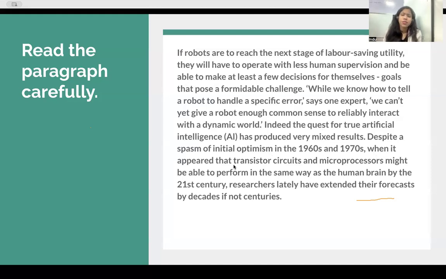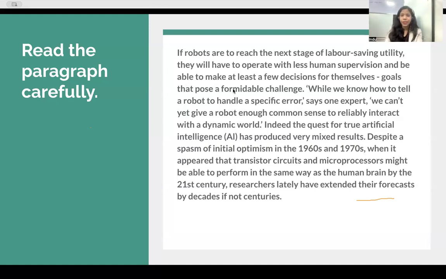They thought that by the 21st century, computers and robots would act much like the human brain, but they are far from it right now. It is going to take more decades to reach that level, if not centuries. Even if it happens earlier, it is still going to take some decades. They thought it would be done earlier, but then realized it was tougher than it seemed, so it's going to take more time now.